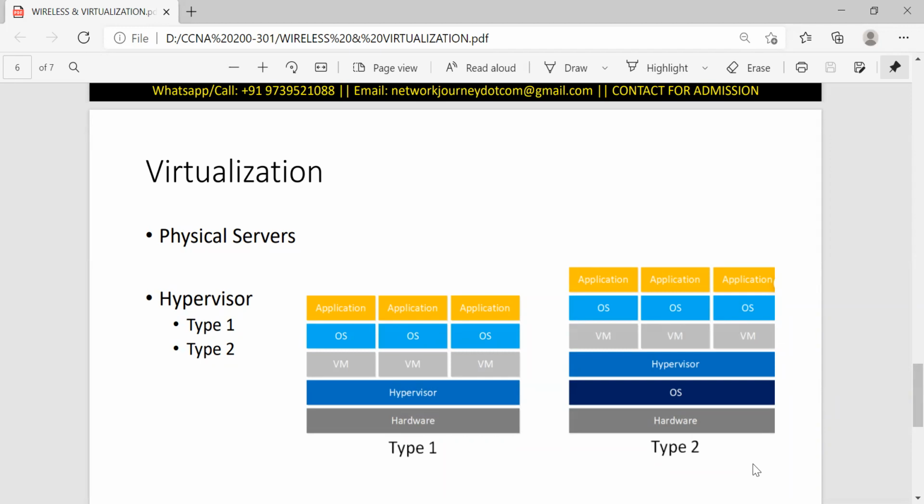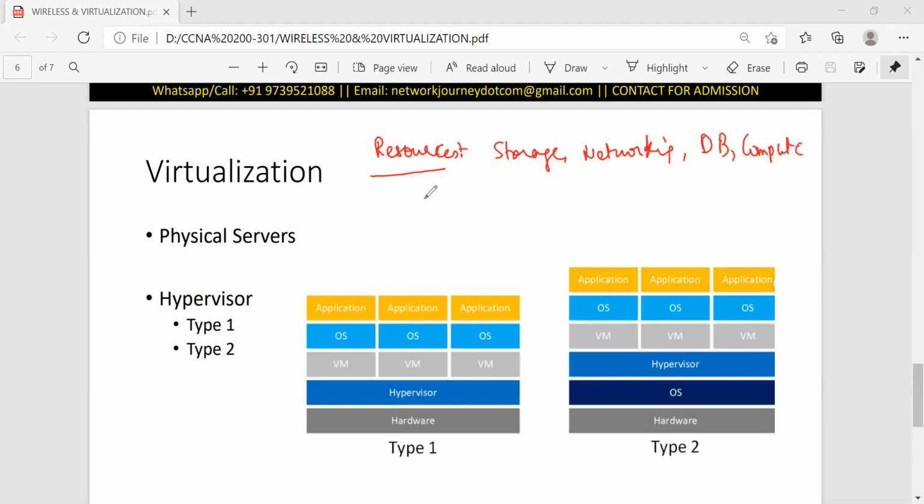Your virtual machines are like your physical servers, only that you set up all your resources. What are the resources when you are talking about servers? Storage, networking, database, and I can also say computational, all these kinds of resources. So whatever physical resources you used to see on physical servers, now these resources will be virtually available.